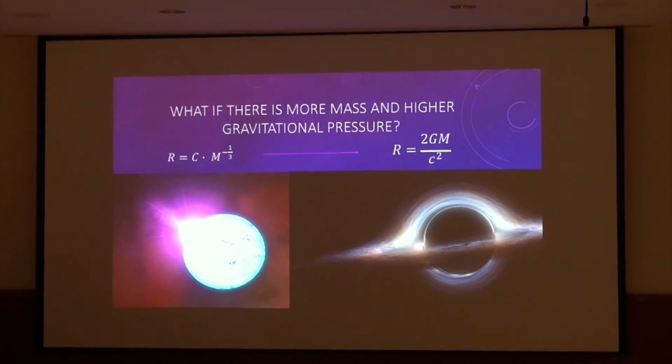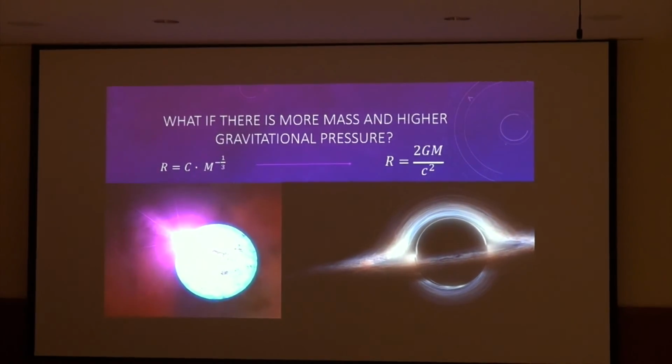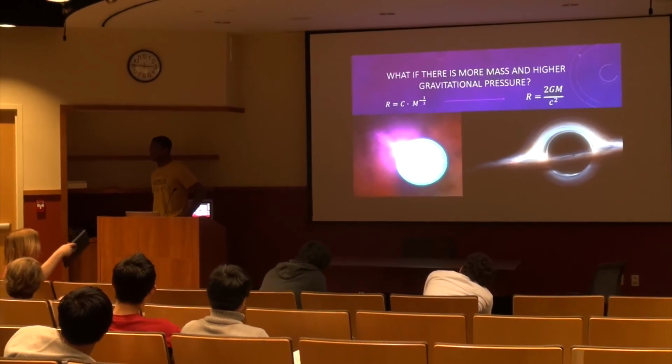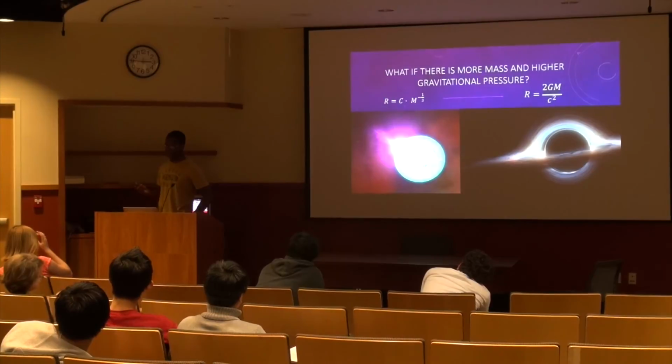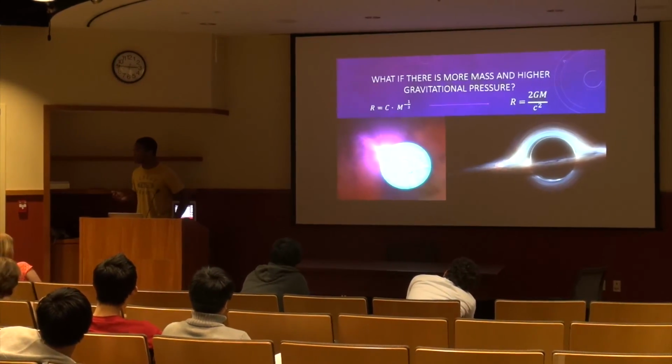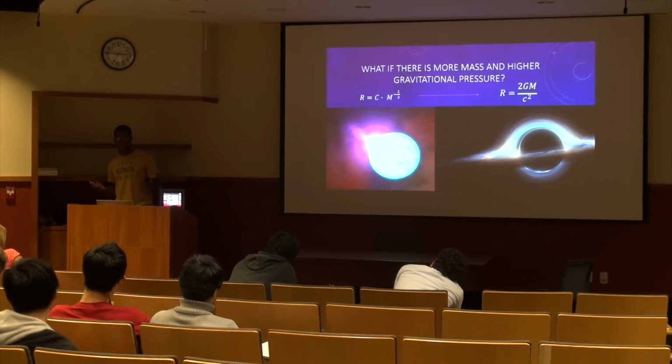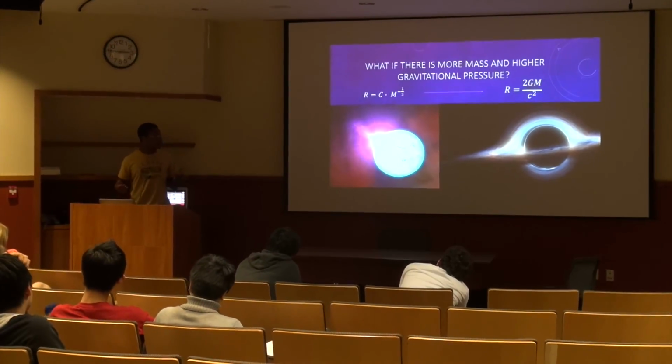In fact, the way it goes is that, leading up to 1.44 solar masses, if it's smaller than 1.44 solar masses, you get electron degeneracy pressure. The electrons are fermions too, so this same principle applies, but it's not as strong.